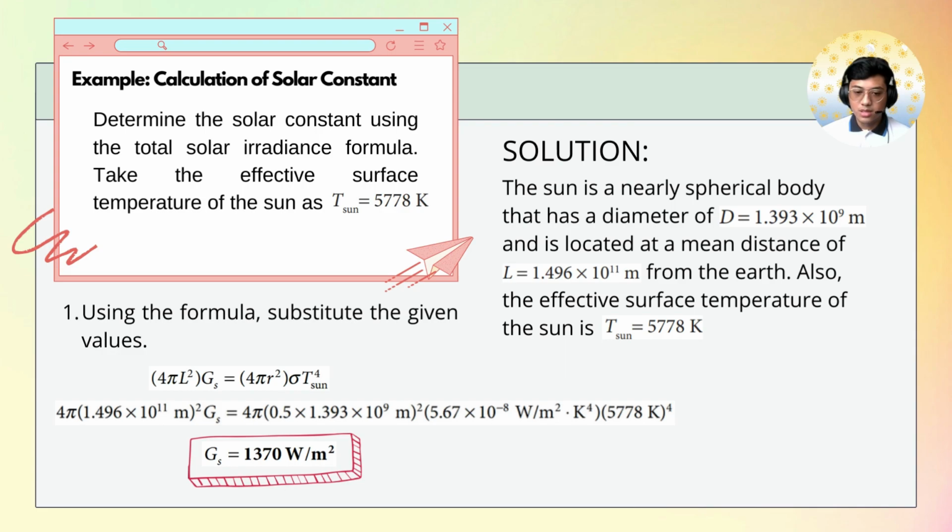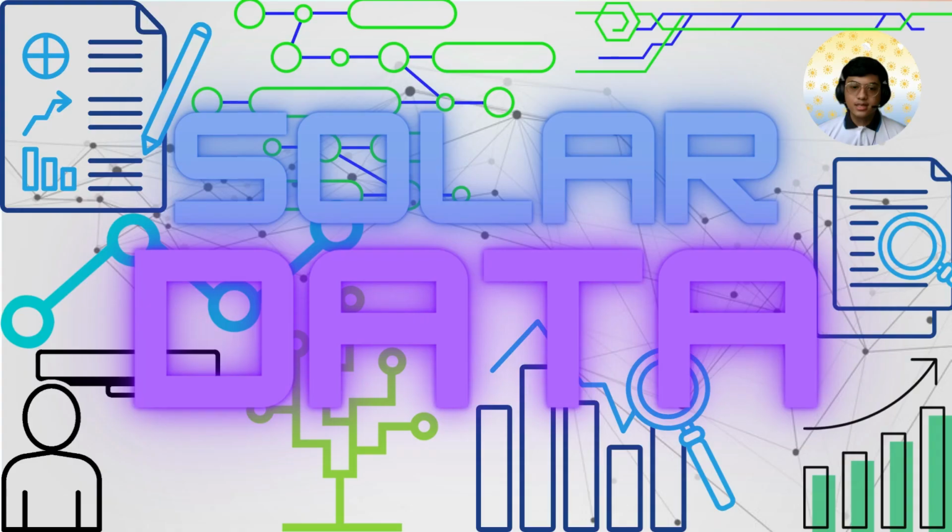It is also multiplied to the Stefan-Boltzmann constant, which is 5.67 times 10 raised to the negative 8 watts per meter squared times Kelvin raised to 4. It is also multiplied to the temperature of the sun, which is 5778 Kelvin raised to the 4th power. Doing this in the calculator, we will now have the answer of G sub S is equal to 1270 watts per meter squared.